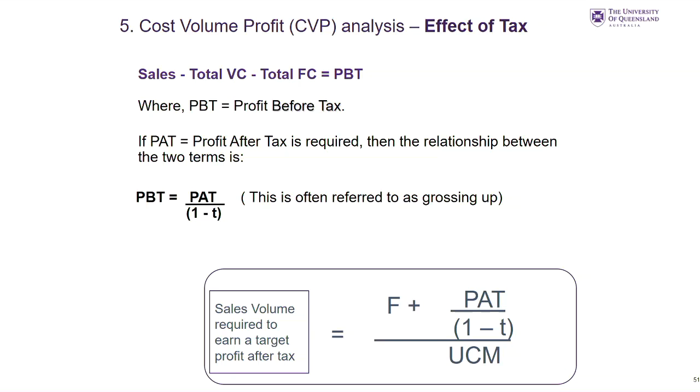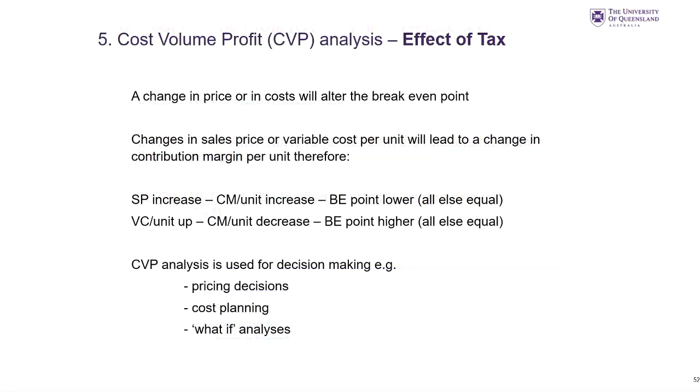So be careful when you read questions. What are they asking you? Is it before tax, after tax? Do they give you a tax rate? Are they talking about the number of units you have to produce to reach that targeted profit? Okay, you might also be asked conceptual questions. What's the effect of a sales price increase? What will that do to your break-even point?